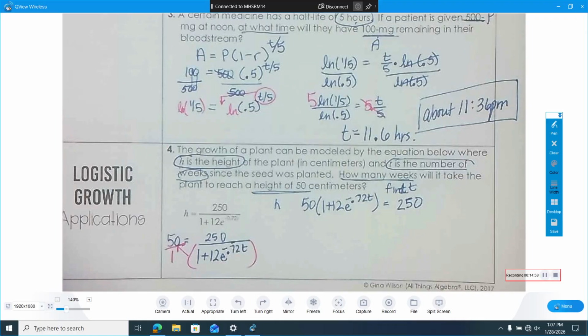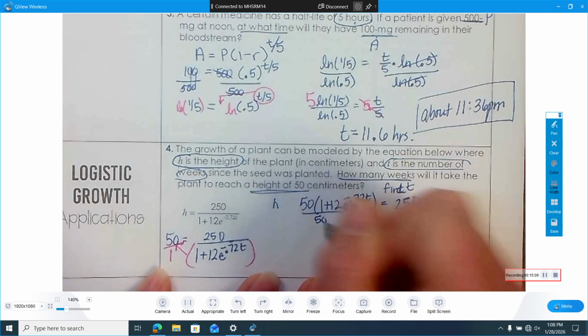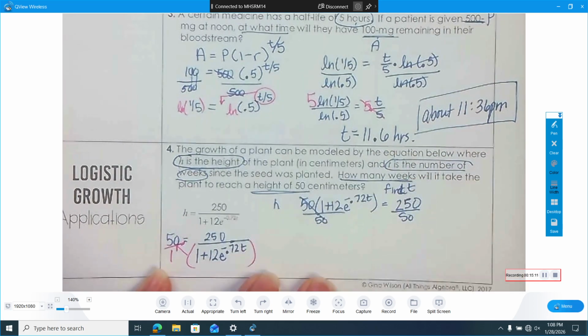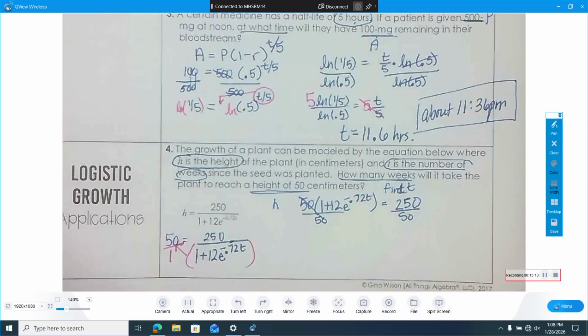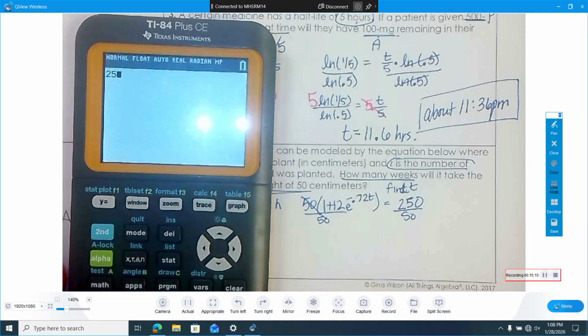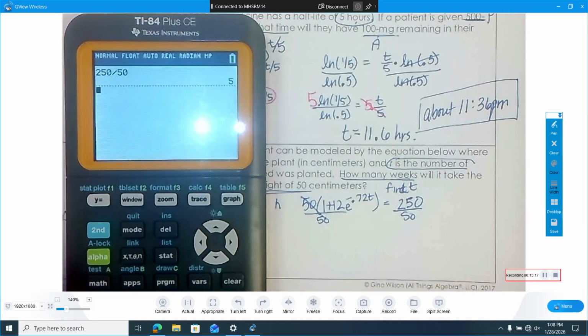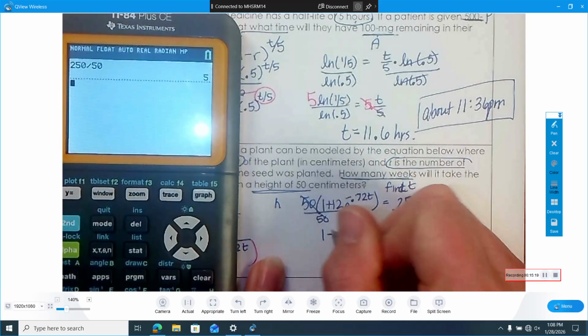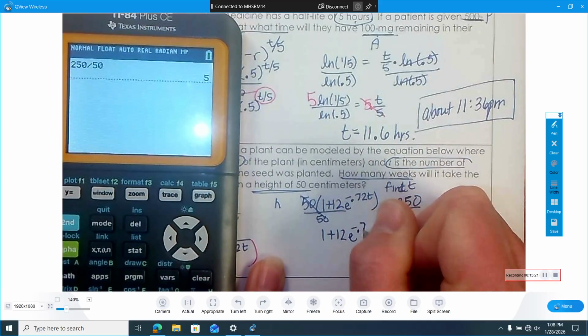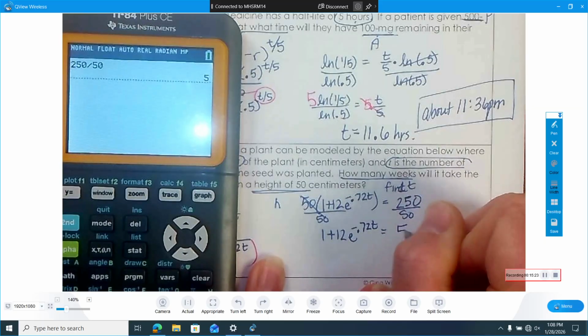And then what do you want to do? Distribute? We could. Is there something else we could do? Divide by 50. Yeah, we could divide by 50, so we don't have to distribute it, which is a nice thing. 250 divided by 50 is 5. All right, so we get 1 plus 12e to the negative 0.72t equals 5.